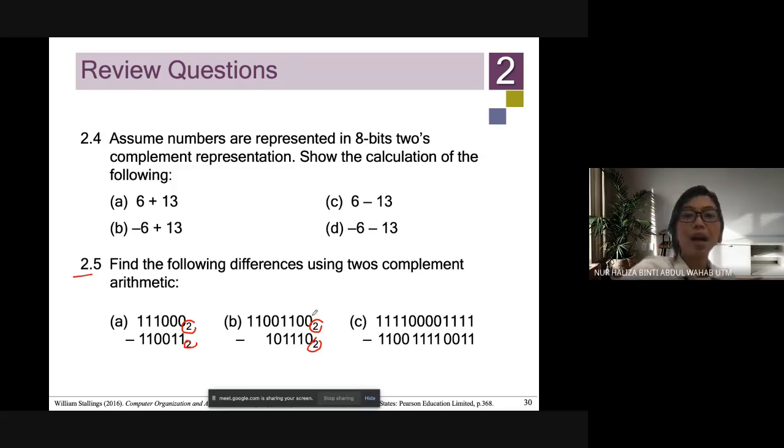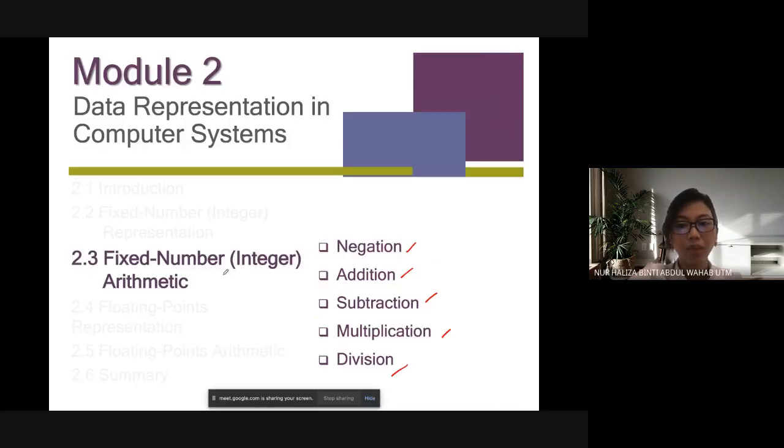Then you will be asked to use which complement or method for adding or subtracting. So it's not going to be a very loose question that makes you confused. So don't worry about your test, you're going to get a very detailed question.